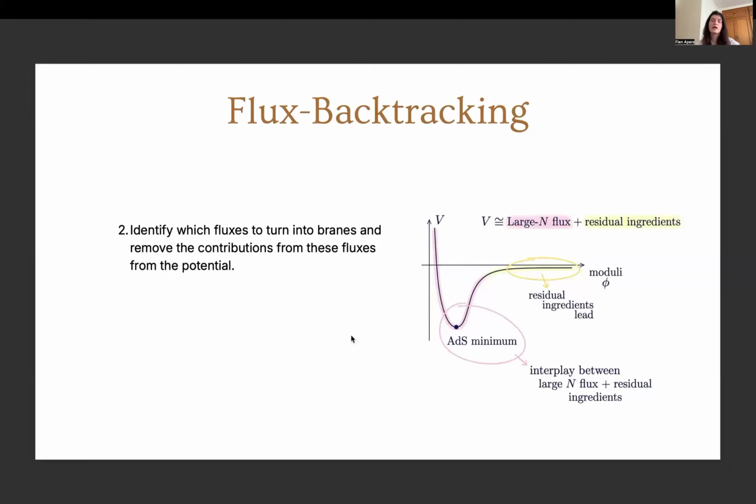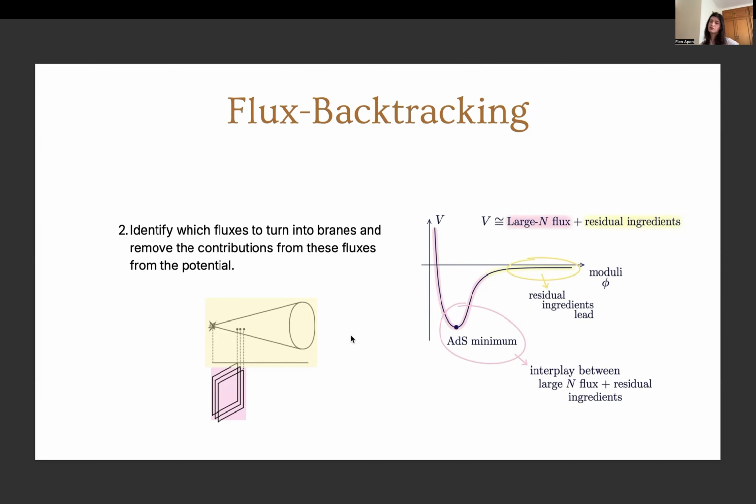First we have a large N flux. This is a flux that can be scaled up so that we can turn it into D-branes. Then these D-branes need to probe a certain geometry, which we imagine is sourced by the residual ingredients.